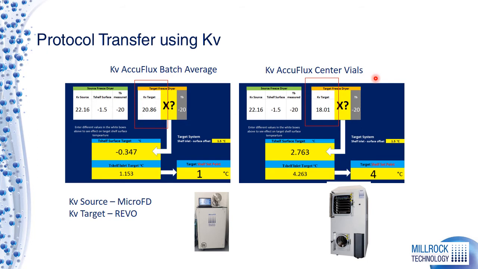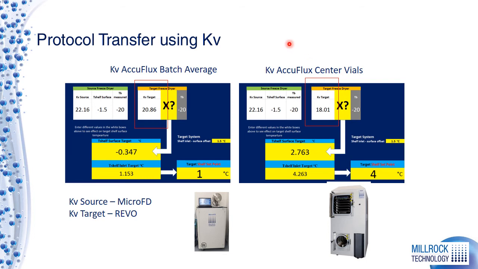If we're using the center vial Kv, because essentially the microfreeze dryer is simulating center vials, there's a slightly larger difference in Kv, 22.16 versus 18.01. In this case, we'd need to run a shelf temperature in the target system of about 4 degrees versus 0 degrees in the source system.